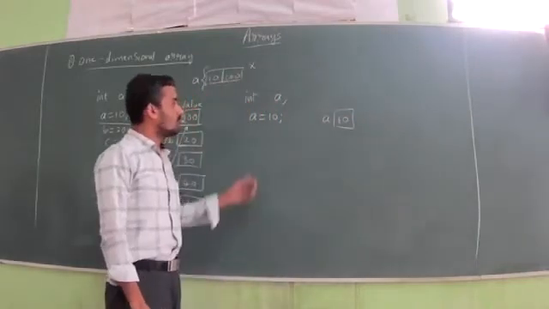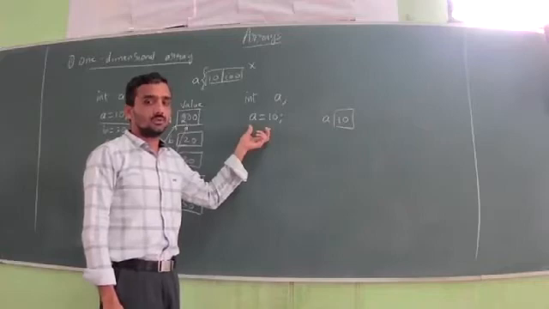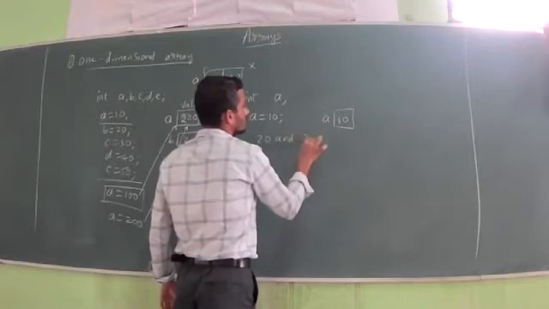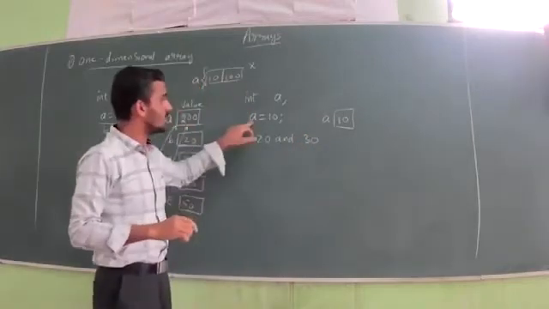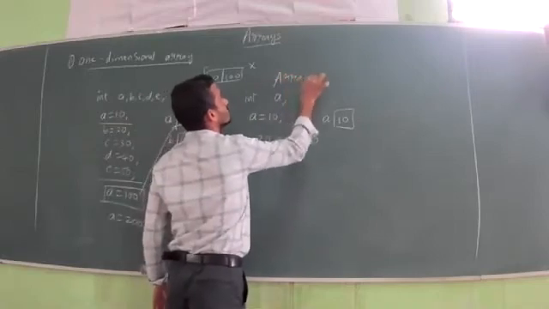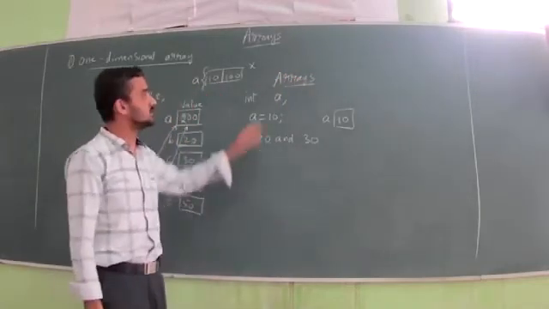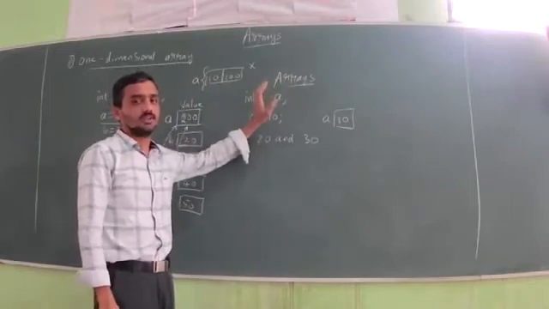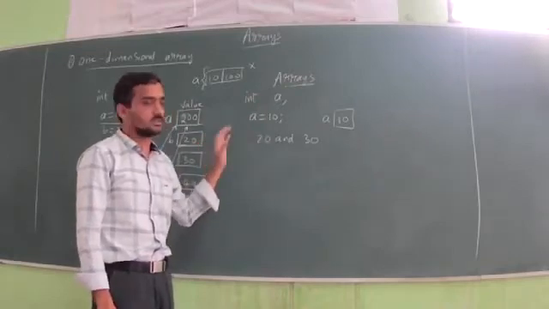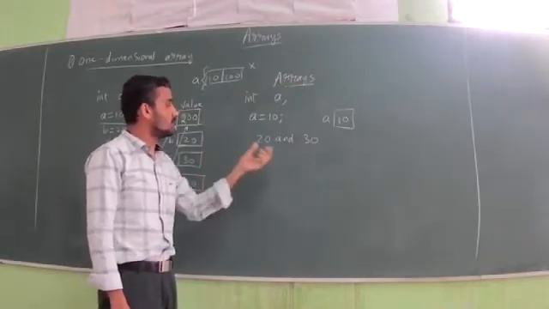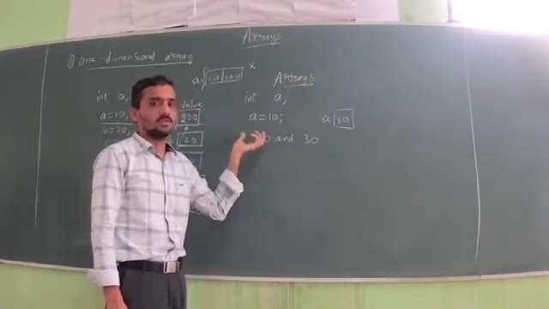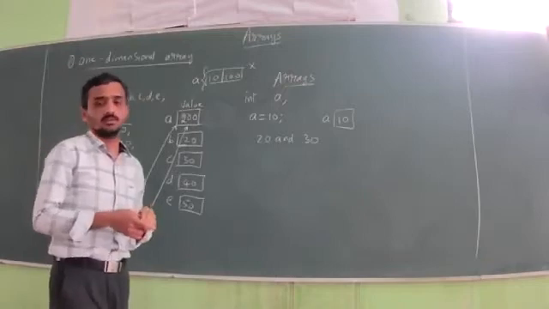Now if I want to store two more values, say 20 and 30, for the same variable, yes, it is possible by using the concept of arrays. The definition says collection of elements, and collection means more than one value. How it will be possible, I will tell you. So if I want to store 20 and 30 in the same variable A, it is possible. So let us discuss the one-dimensional array.